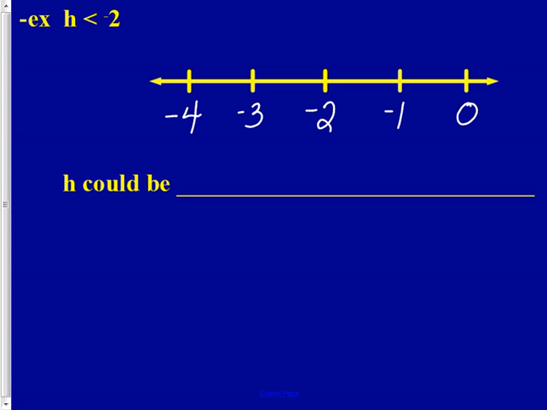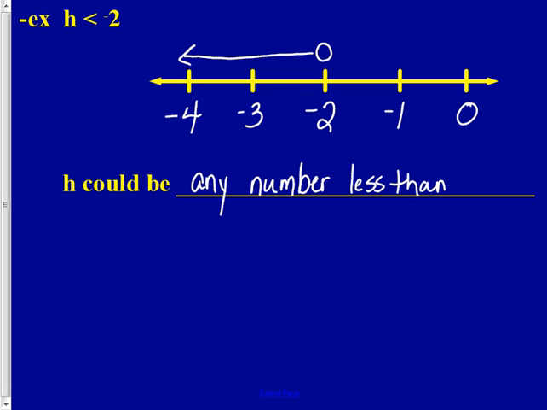So if we want numbers lower than negative 2, we cannot include negative 2, because that's not less than negative 2. We go to the left, because negative 3 and negative 4 are both less than negative 2. So h could be any number less than negative 2.